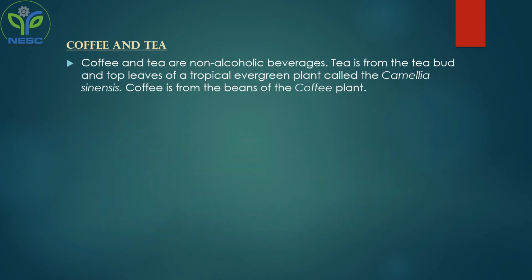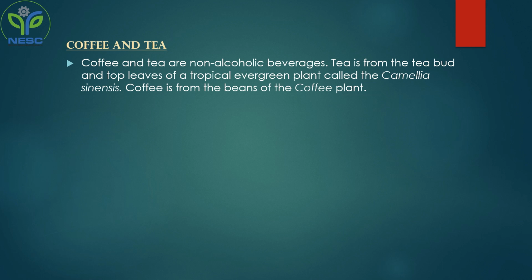Last but not the least, coffee and tea. Almost everyone knows what tea and coffee are. Tea and coffee are non-alcoholic beverages. Tea is from the tea bud and top leaves of a tropical evergreen plant called the Camellia sinensis.